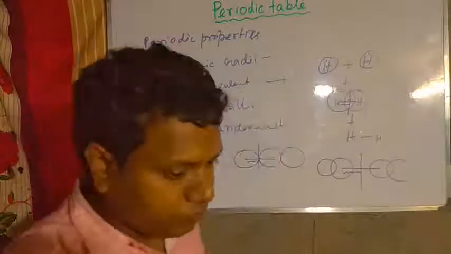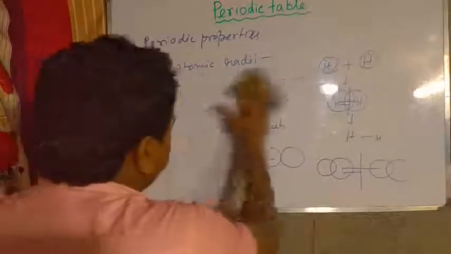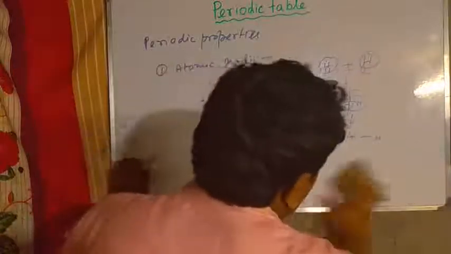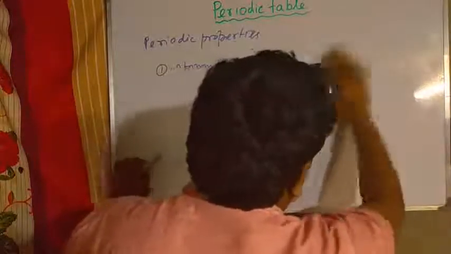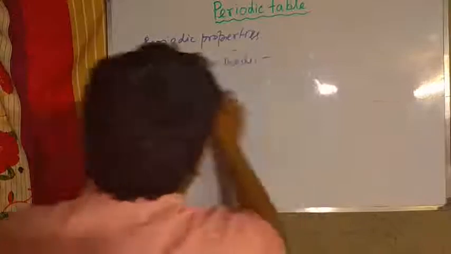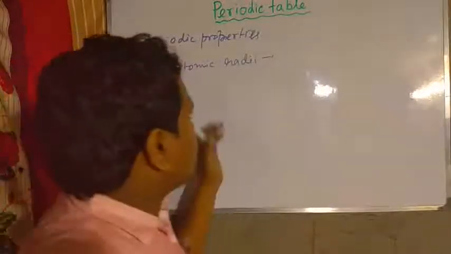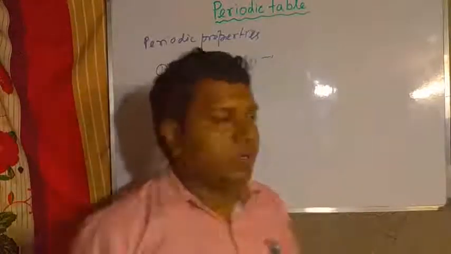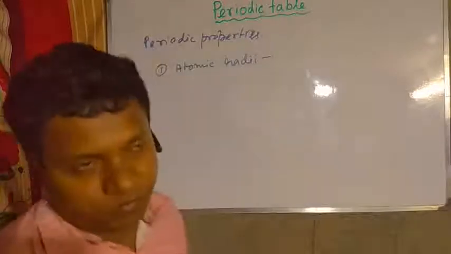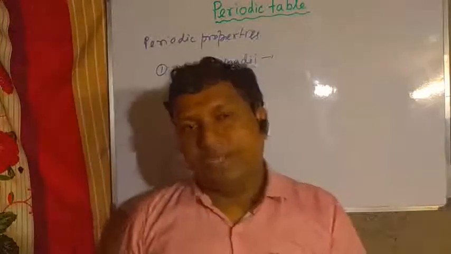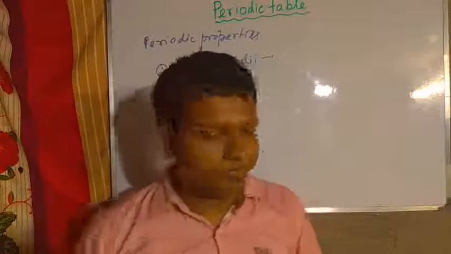Okay, next. We just discussed the atomic radius of an atom. Now, what will be the radius of an ion?